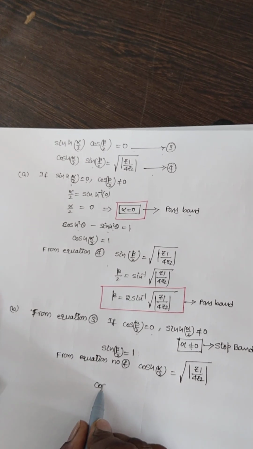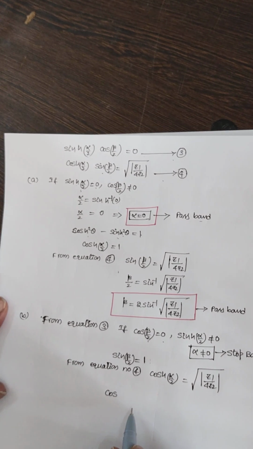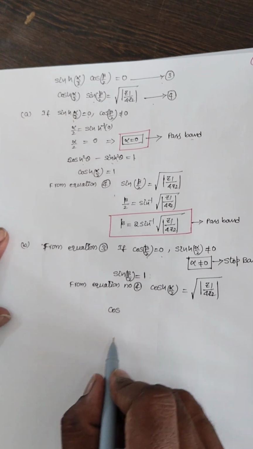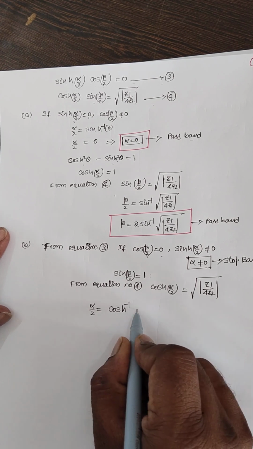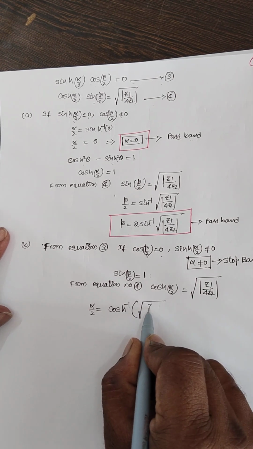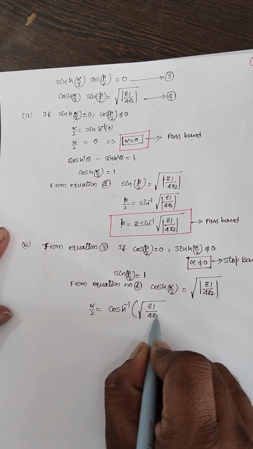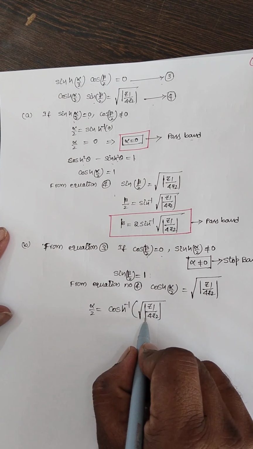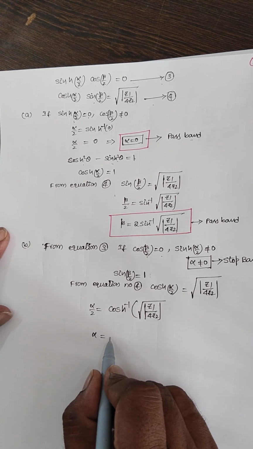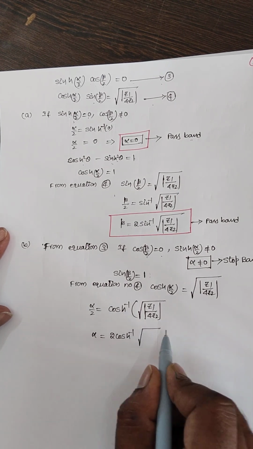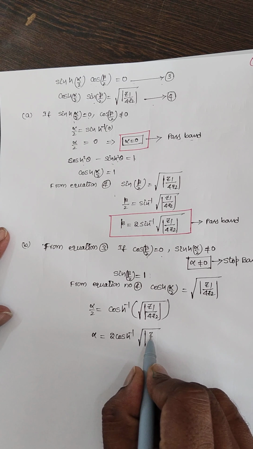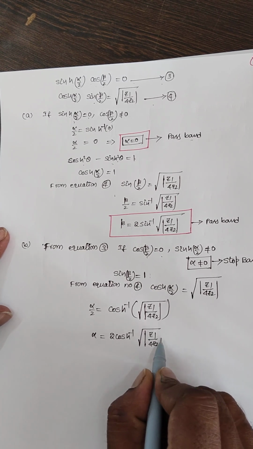Now here α/2 is equal to cosh inverse of square root of modulus of Z1 by 4Z2. Next, α is equal to 2 cosh inverse of square root of modulus of Z1 by 4Z2.